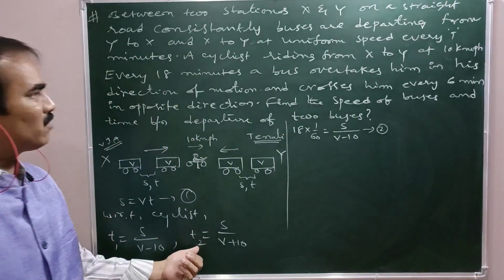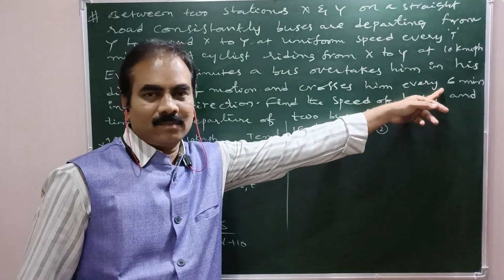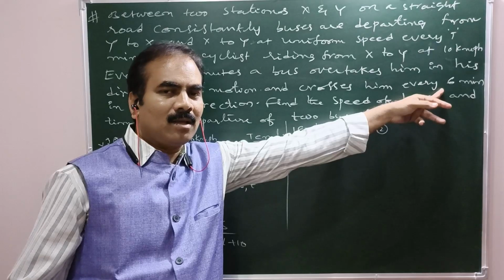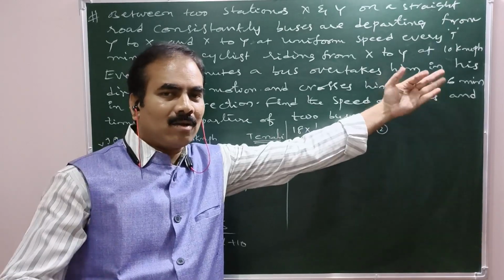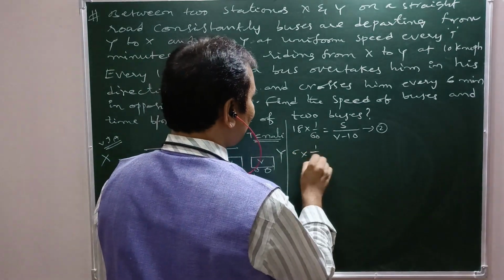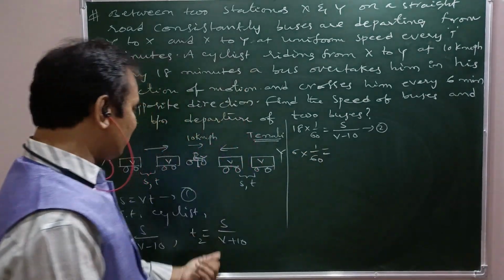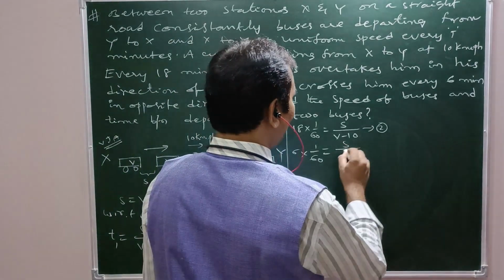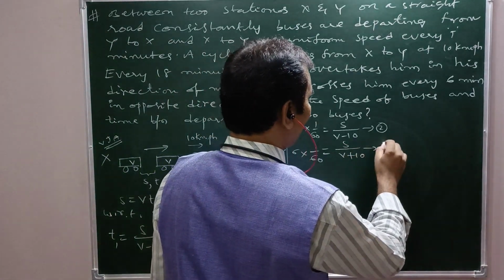Similarly, what is T2 here? 6 minutes. In every 6 minutes, buses in the opposite direction cross him. So 6 minutes means 6 into 1 by 60 hour, that is equal to S by V plus 10. Right?